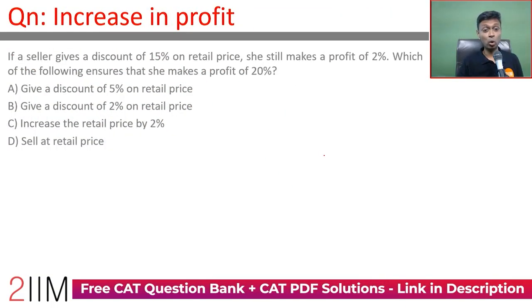If a seller gives a discount of 15% on retail price, she still makes a profit of 2%. So there is a mark price, say X, and the selling price is 0.85X. This is equal to 1.02 times cost price, because she still makes a profit of 2%.